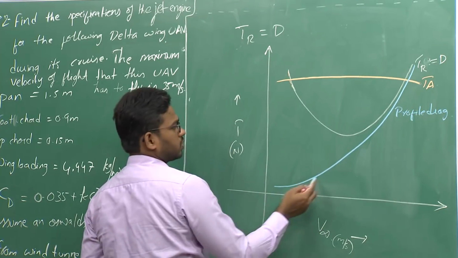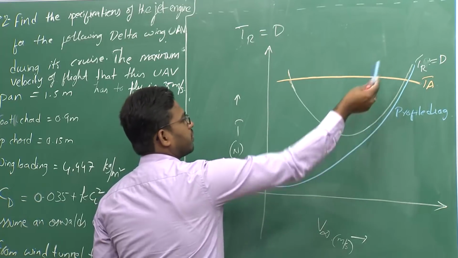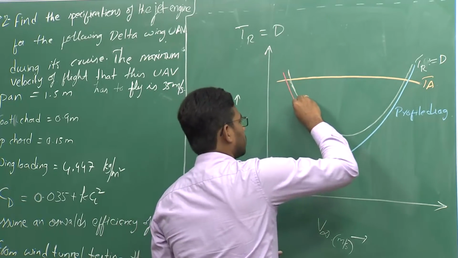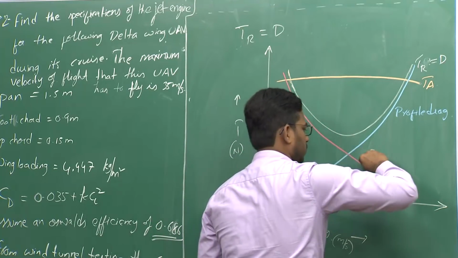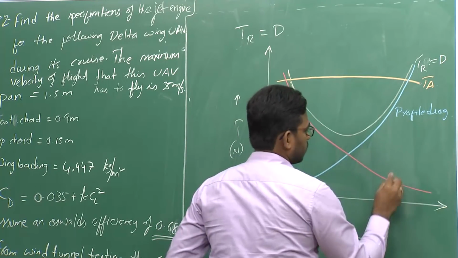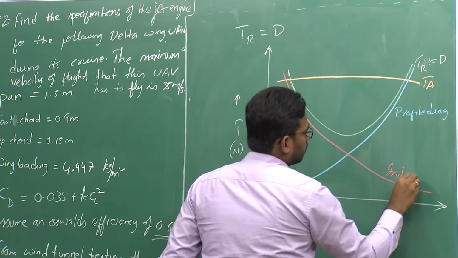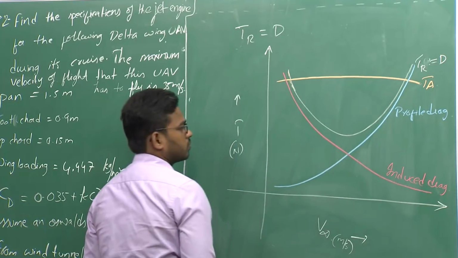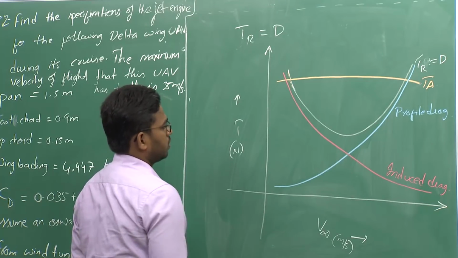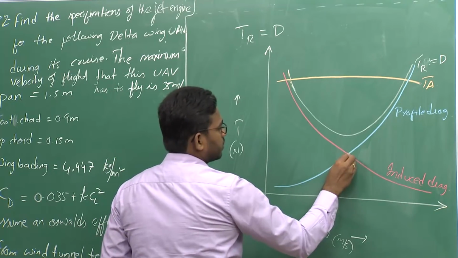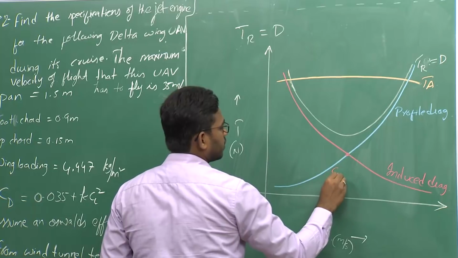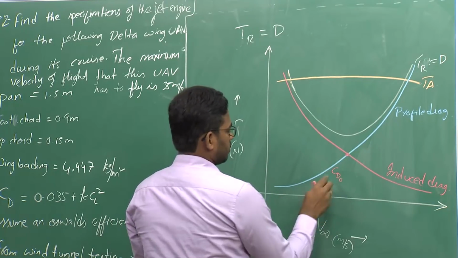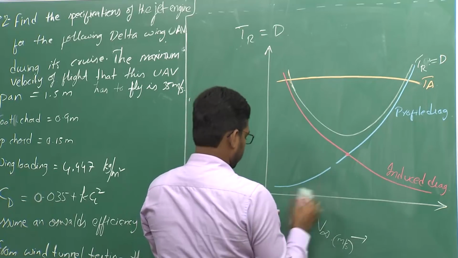So, as the velocity increases, the profile drag increases and the induced drag decreases. This is the profile drag, and this is the induced drag curve. So, this intersection is where CD naught is equal to CDI.